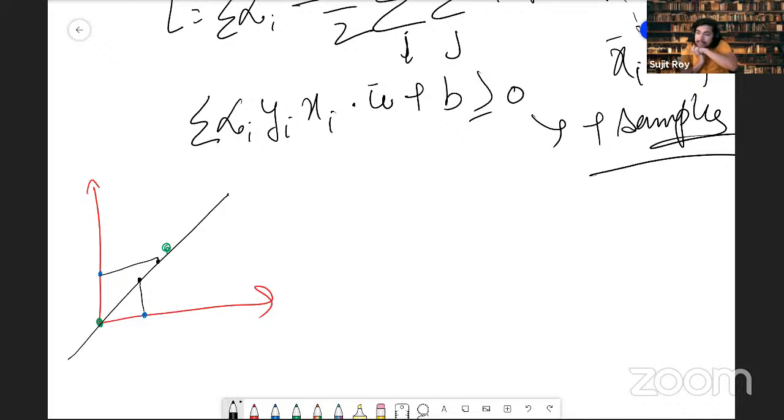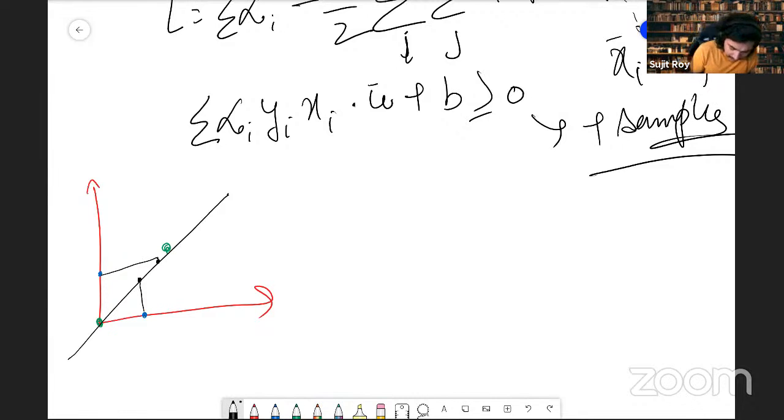When you project that into a new transformation, we will be able to transform our data and it will be separable. That's why in machine learning or any other space, when you are looking at samples, many times when we transform, it becomes separable.